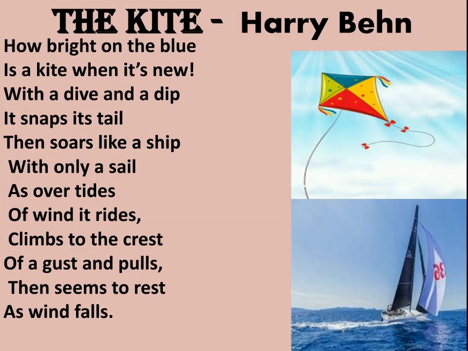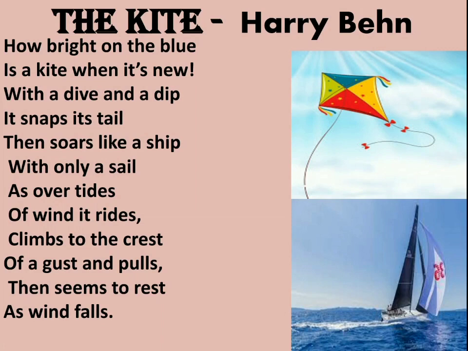Climbs to the crest of a gust and pulls. So crest is the highest point or the top. Okay, gust means strong wind. So here the kite soars high on the tides of wind and off a gust and pulls. Off a gust and pulls means to the strong wind the kite pulls itself high.